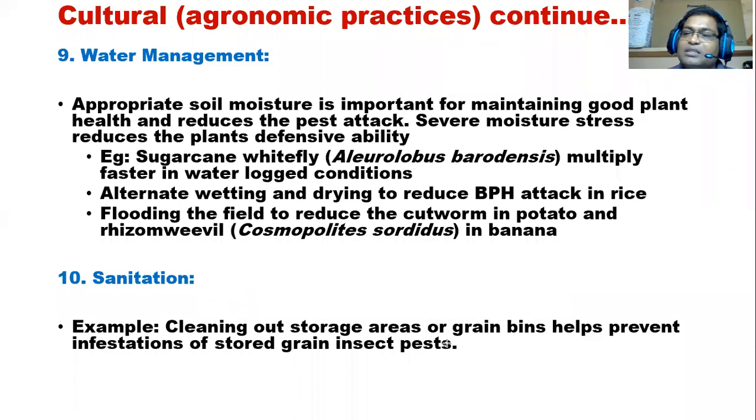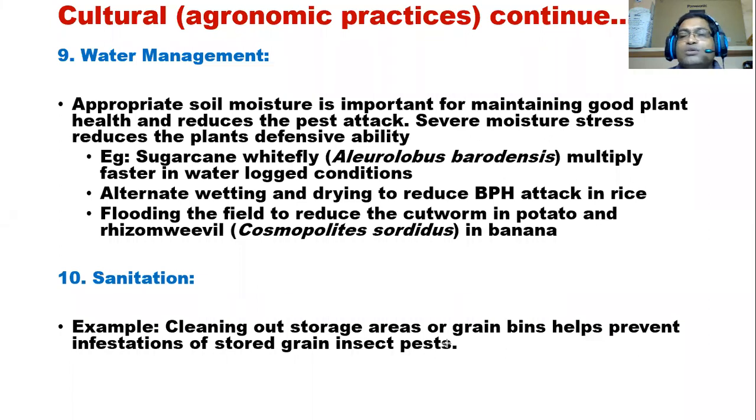Other than these, there are some more cultural practices. Normally, setting up fumes under the orchard from time to time can reduce hopper attacks, especially mango leaf hoppers. If the mango hopper attack is high on your mango trees, you can set up fumes.